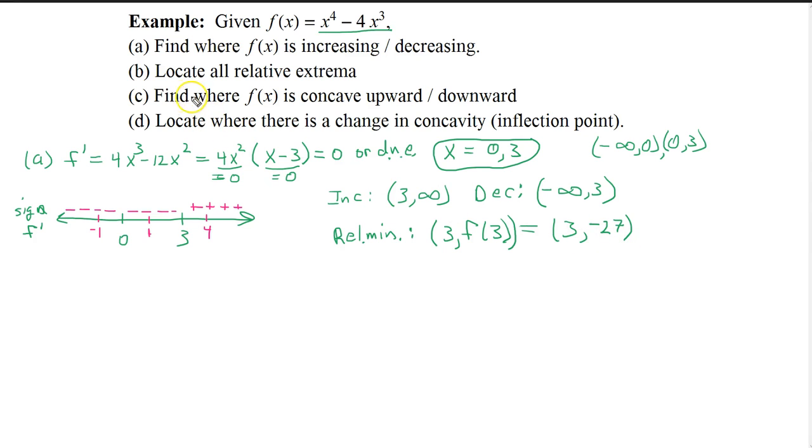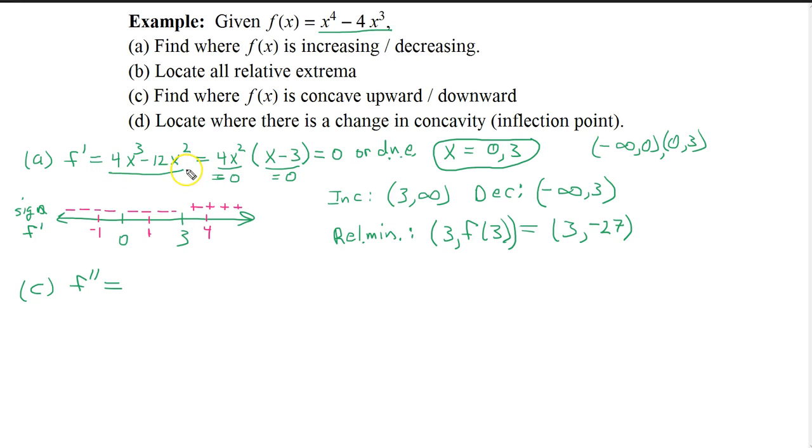Now let's find where our function is concave upward and downward. For that part, we need to look at the second derivative and find where it is positive and negative. So we need to first take the second derivative and find where it's 0 or does not exist. So the second derivative for this, now we're going to take the derivative of this piece, not the factored form here.